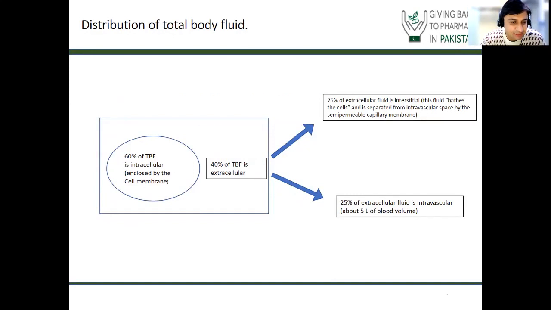It means 60% of the entire body fluid is in the cells, enclosed in the cell membrane. Out of the remaining 40%, 75% is interstitial, which means this fluid is between the cells and the intravascular space. The remaining 25% is intravascular, and that is about 5 liters of the blood volume.